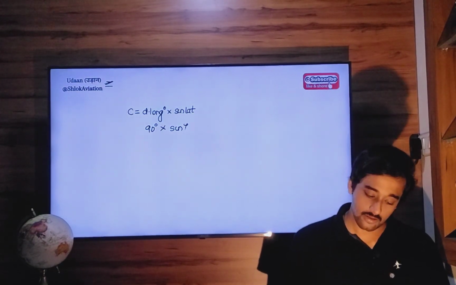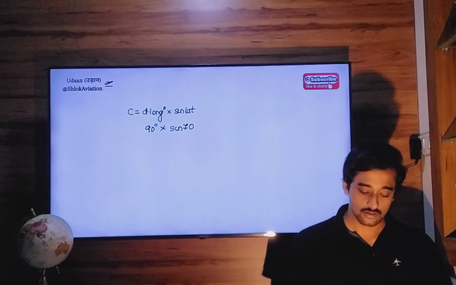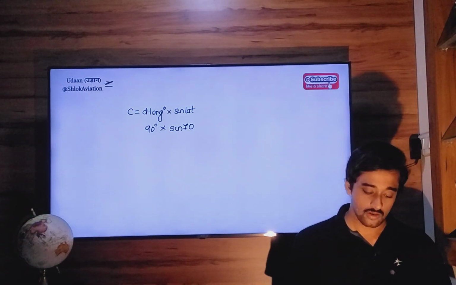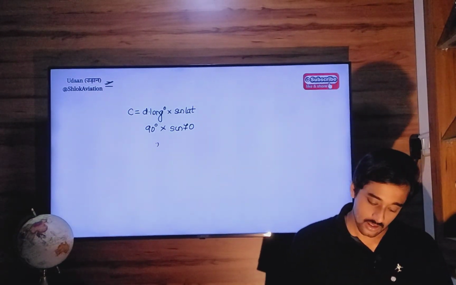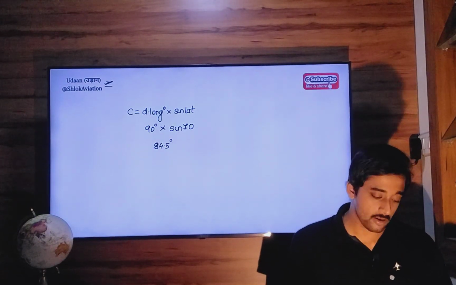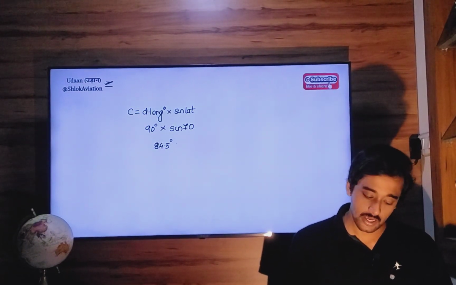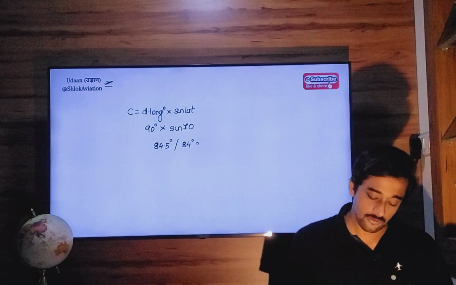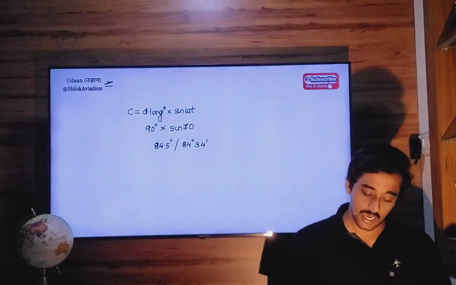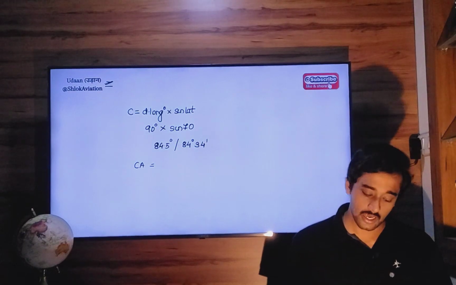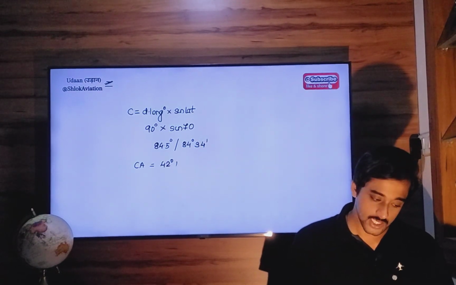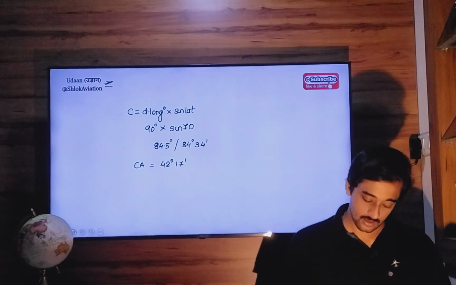Sine of latitude, sine 70. Sine 70 into 90 is 84.5. So convergency is 84.5°, or 84°34 minutes. The convergency angle will be half of that, 42°17 minutes.